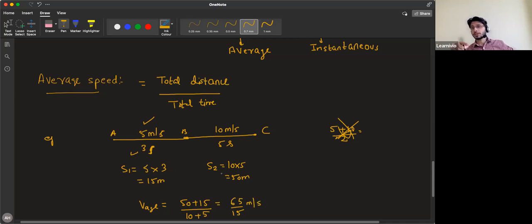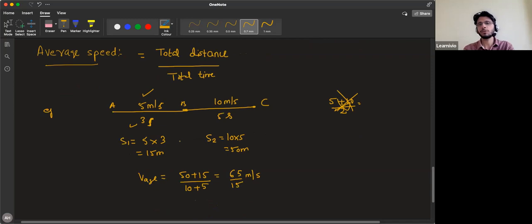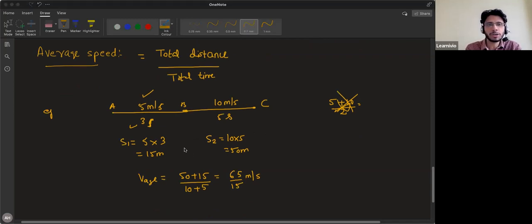If in the same question he asks you to calculate average velocity, it will be the same thing because it's one dimension motion. Distance and displacement are equal. That means speed and velocity are equal. Do it, and then we will do one question from NEET PYQ based on the same concept. Note down this question.